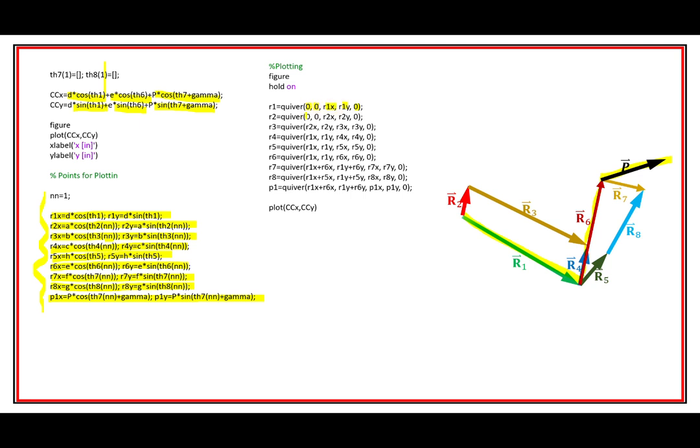One goes up and one goes down, and then you could build off the same thing with R3. It starts off at the end of R2 and goes off that way. R4 starts off at the end of R1 and goes up to where R4 is going to be, and so on until it plots.